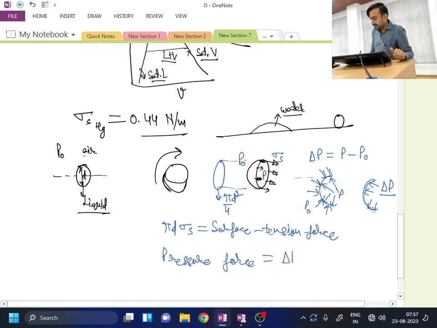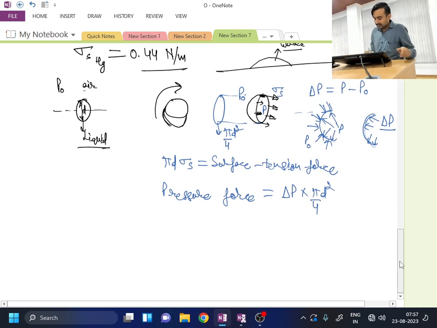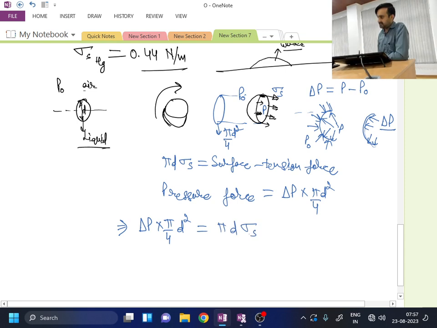That is delta P into pi d square by 4. Okay, and ultimately this pressure force and this surface tension force are being balanced. So I can write delta P into pi by 4 d square is equal to pi d into sigma s.